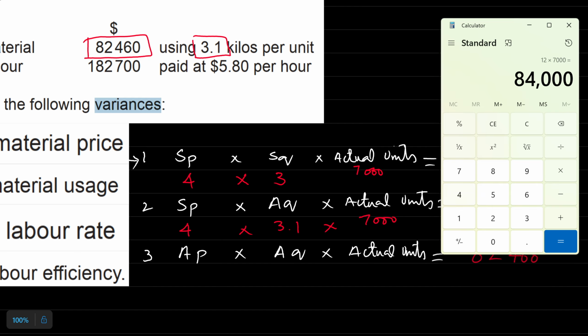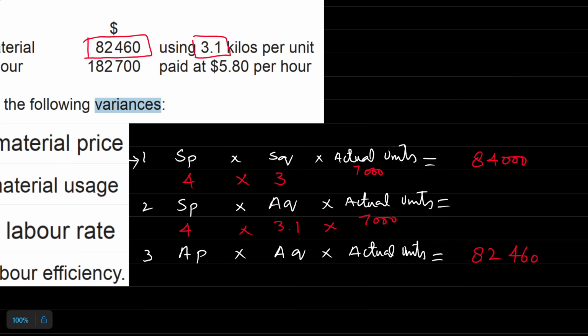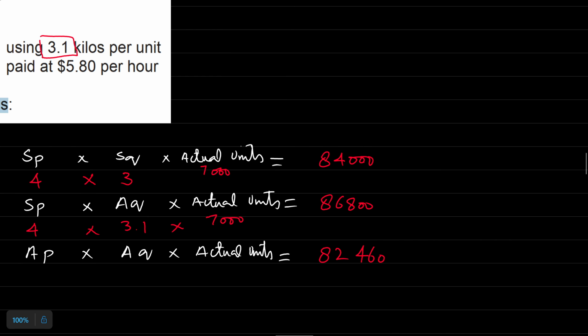Second line is 4 multiplied by 3.1 multiplied by 7,000, it is 86,800. Now students, the difference of the first two lines is material usage variance.